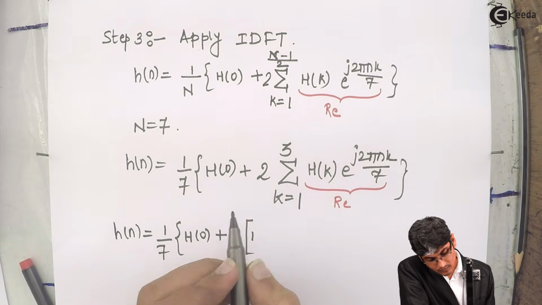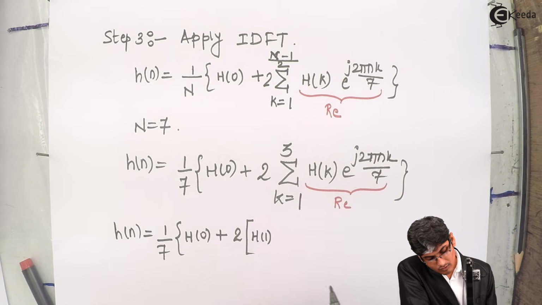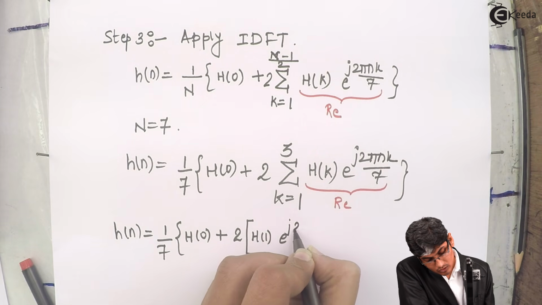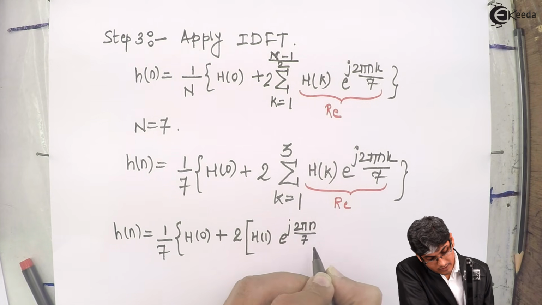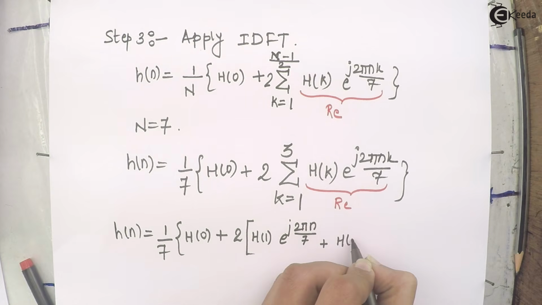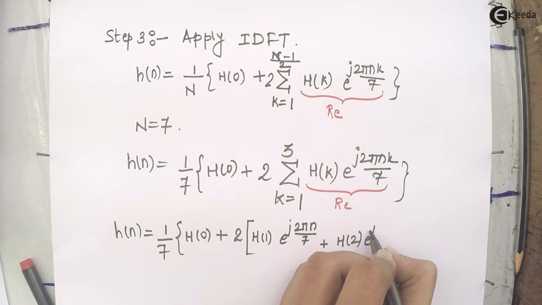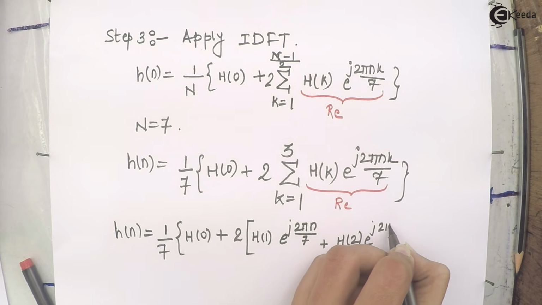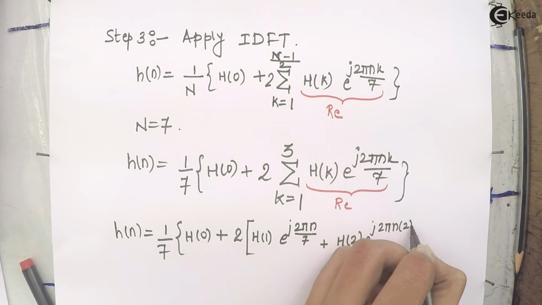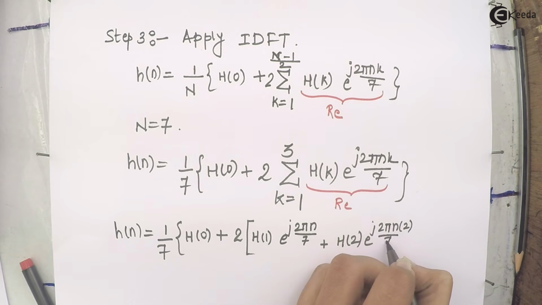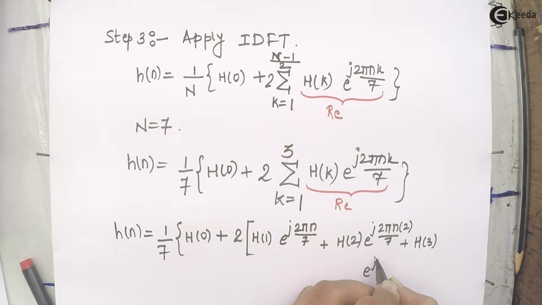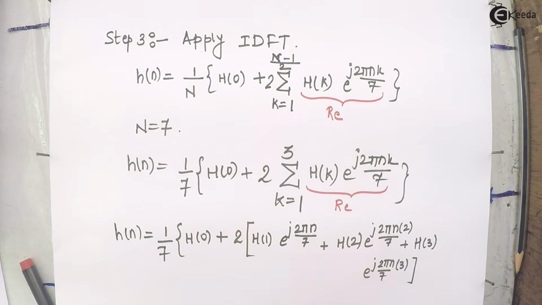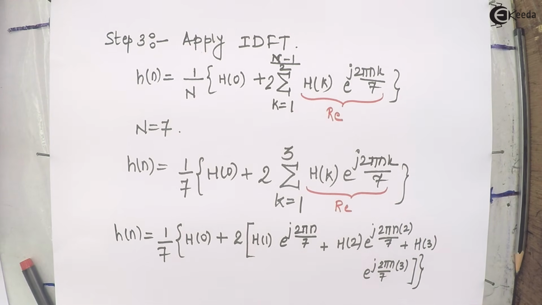So let us say k is equal to 1 will be h of 1 e raised to j 2 pi n by 7 plus h of 2 e raised to j 2 pi n into 2, because k is 2 over here, by 7 plus h of 3 e raised to j 2 pi n by 7 into 3, because k is equal to 3 over here, and this ends the bracket.